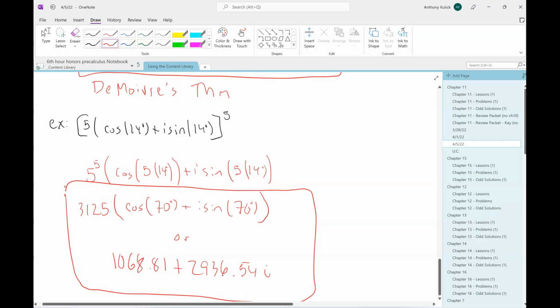So depending on the direction, whether they wanted trigonometric form or standard form, your answer would be one of those two.